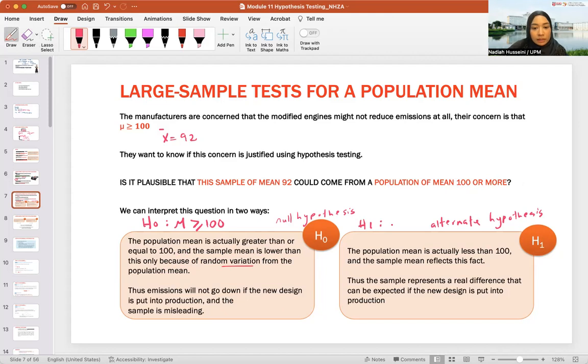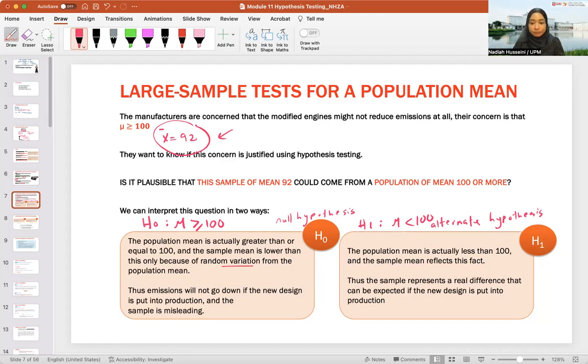So I can write it like this. Okay, and the sample mean reflects this fact, which means that the alternate hypothesis is supporting that this sample is good. Okay, thus the sample represents a real difference that can be expected if the new design is put into production.